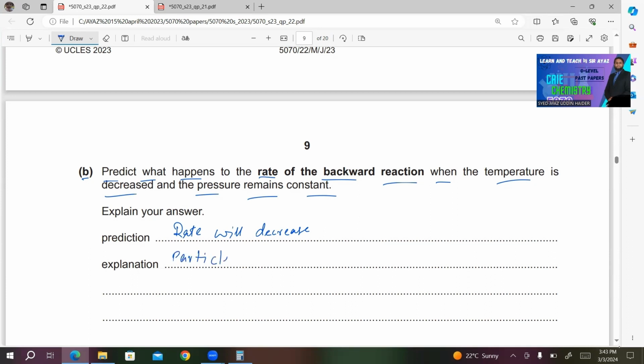Particles have less energy, there will be fewer collisions.